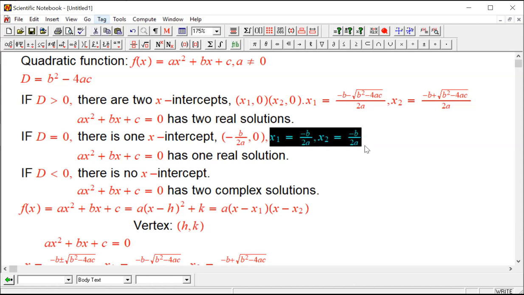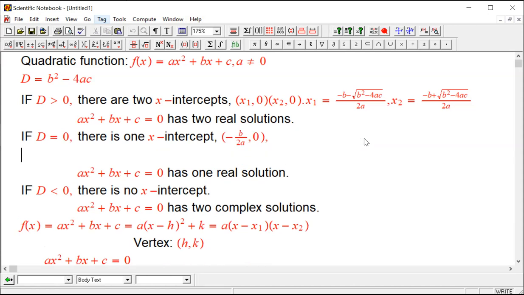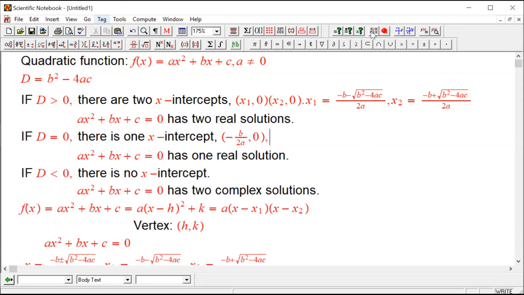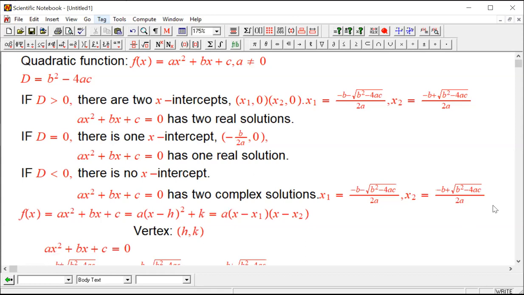That becomes our solution, and that's how we simplify it. There's one real solution. When the discriminant is negative, there are two complex solutions, and they are these two.